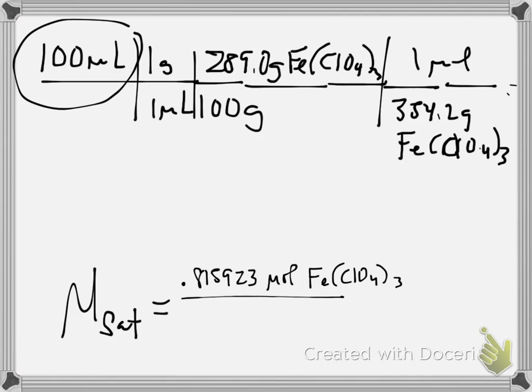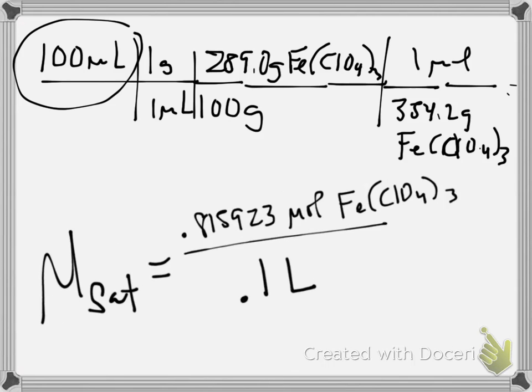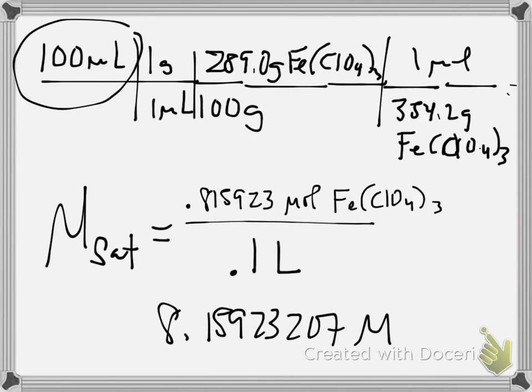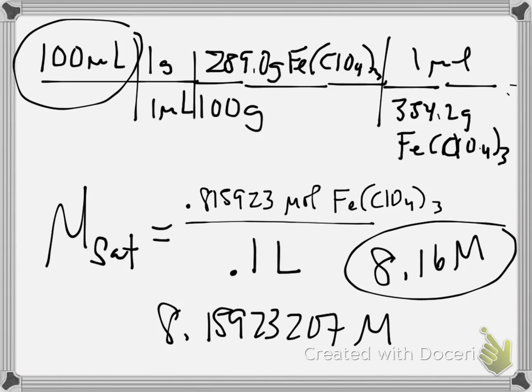And we were dealing with 100 milliliters of solution, so 0.1 liters. So what's that give us? 8.15923 molar solution. We have 3 sig figs to play with coming from the chart, so 8.16 molar. Again, pretty concentrated. Saturated solutions tend to be pretty concentrated.